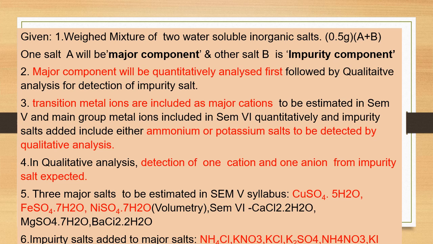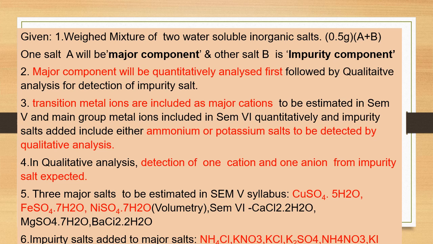In qualitative analysis, detection of one cation and one anion from the impurity salt is expected. There are three major salts to be estimated in semester 5, that is copper, Fe, nickel. For semester 6 we have barium, calcium, strontium.